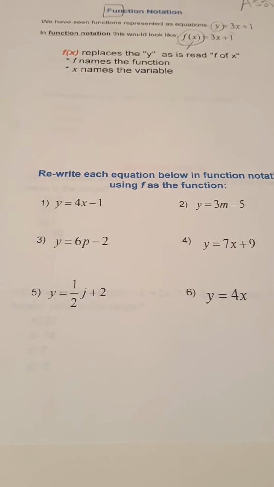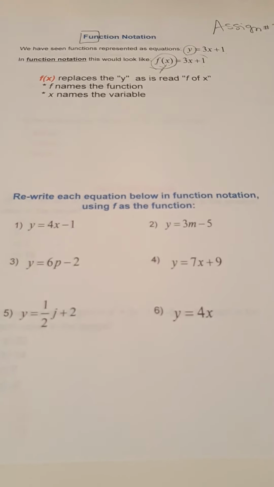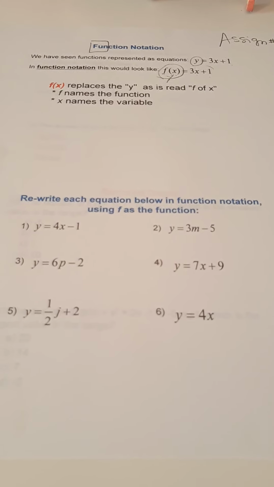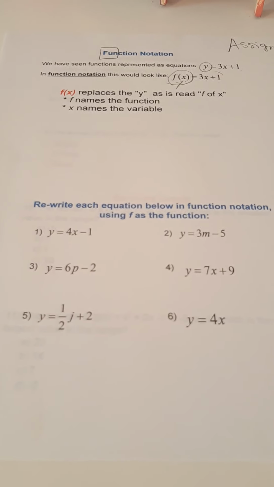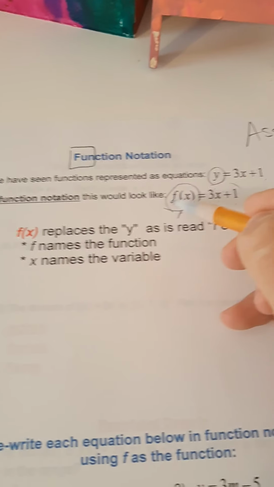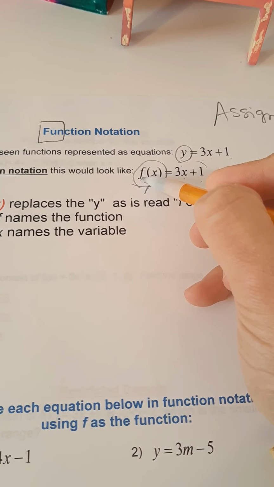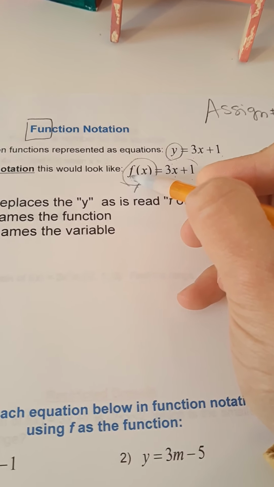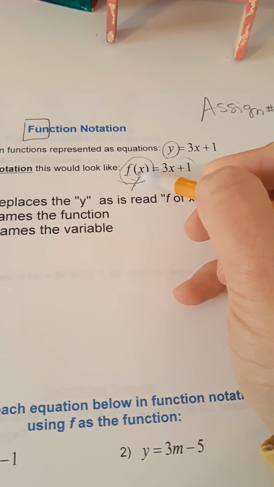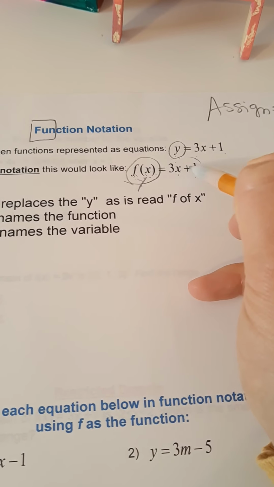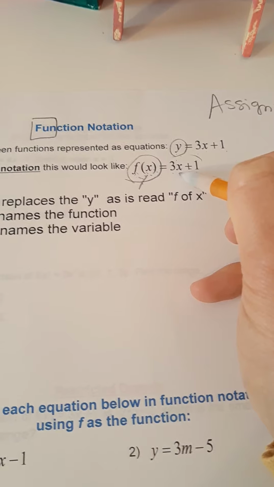So the first set of exercises is rewriting the equation in function notation using f as the function. So what that means is use f as the function. If it said use q as the function, then you would have put q, parentheses, whatever the variable is in the given equation.